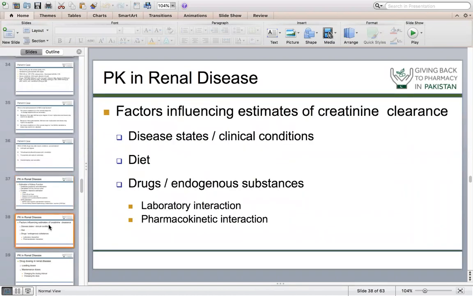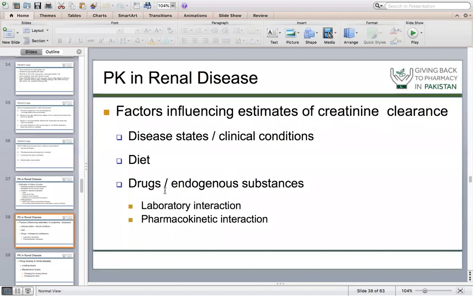So let's learn about PK in renal disease and the factors influencing estimates of creatinine. We know how to estimate creatinine, but we must also be aware of the factors that influence the estimates, which are certain disease states and clinical conditions, body mass and muscle mass, diet, drugs, and endogenous substances.